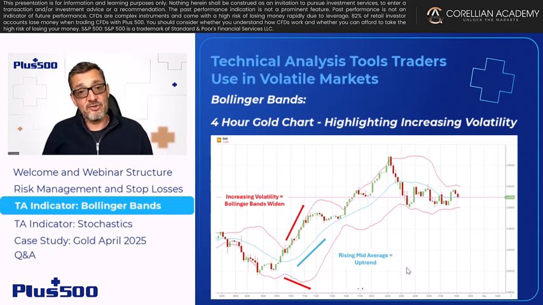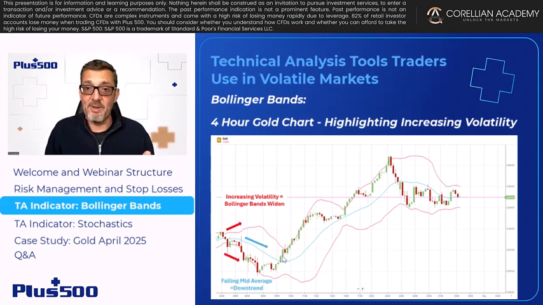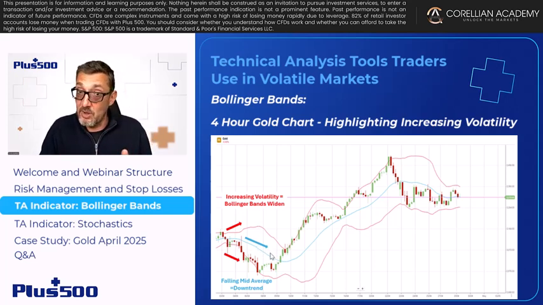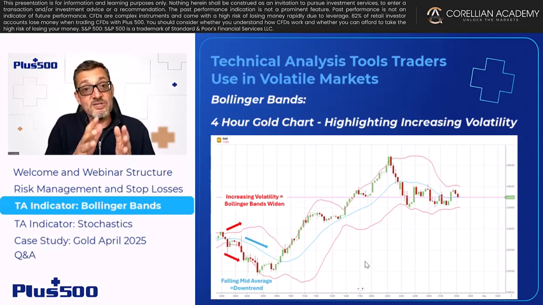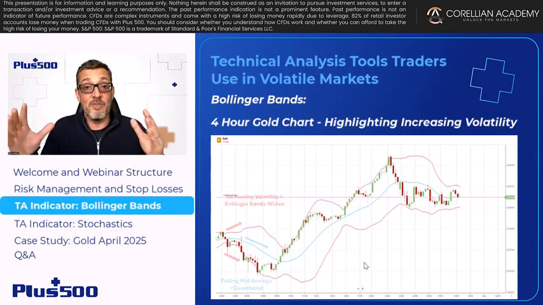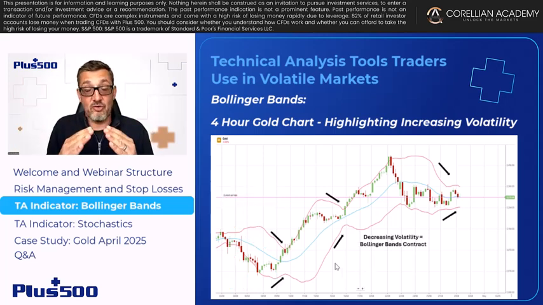Now, when considering a downtrend, this will be reflected by a falling mid-average with increasing price volatility signaled by the widening Bollinger Bands. In this situation, the conclusion is the current downtrend can continue because we're seeing increasing volatility within that downtrend, which is likely to remain in place until volatility starts to ease, which is when the bands draw together or contract, as you can see on the screen.